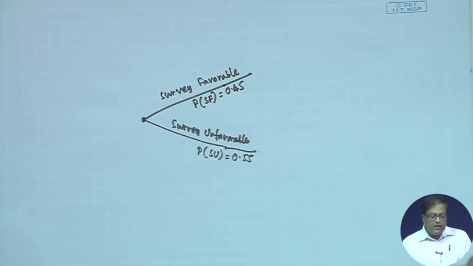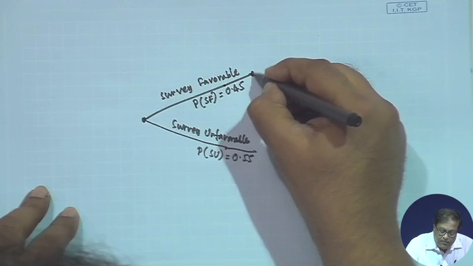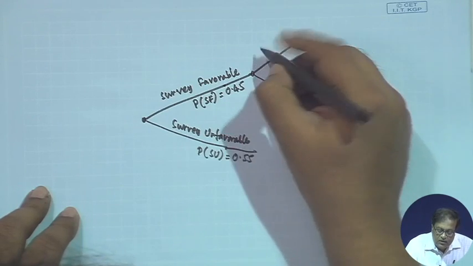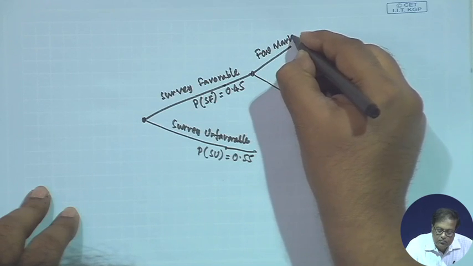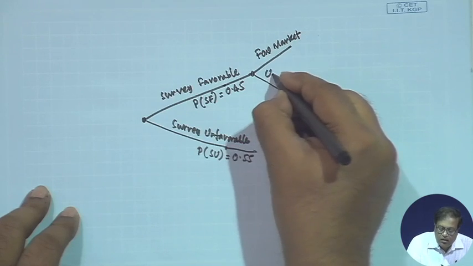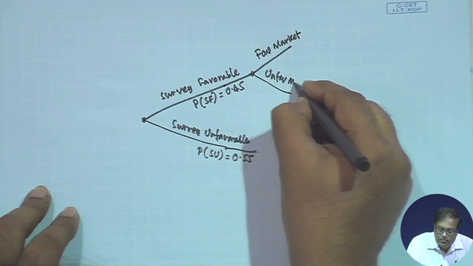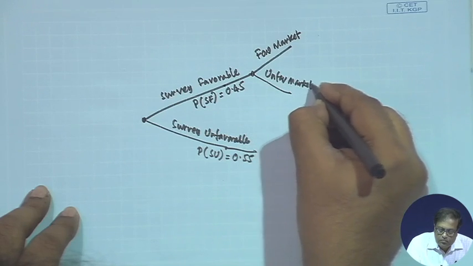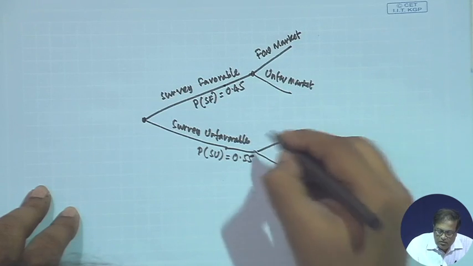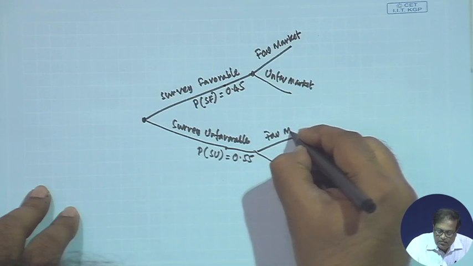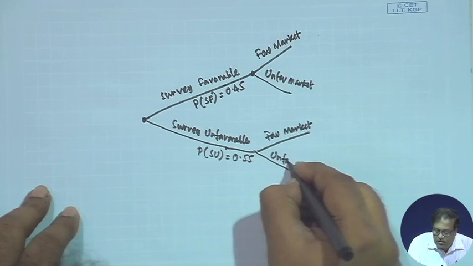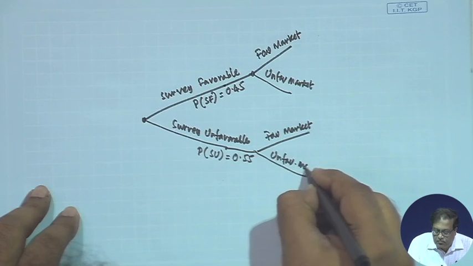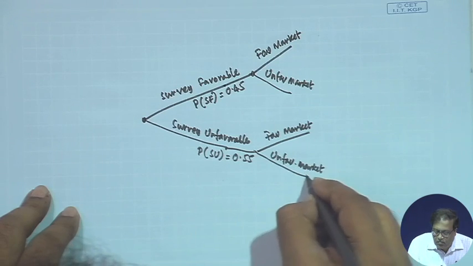Now, out of that, what are the two components? It could be two things. One is favorable market and unfavorable market, and this side also favorable market and unfavorable market. Okay.